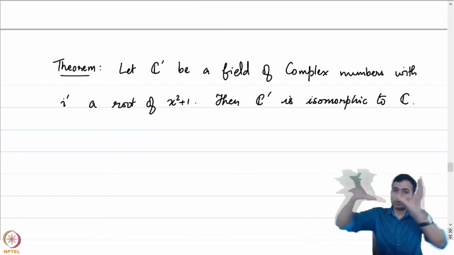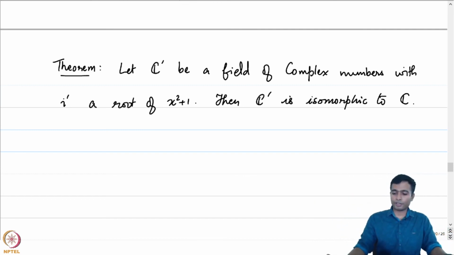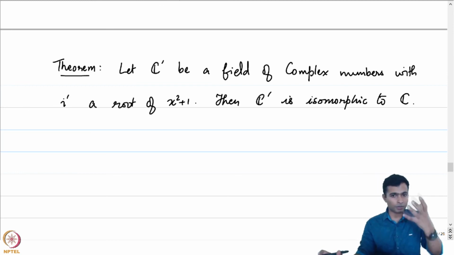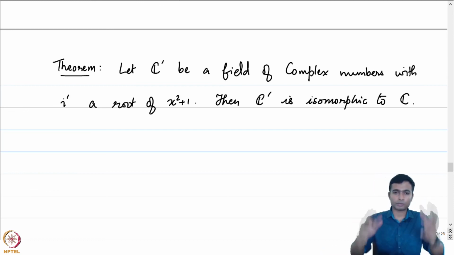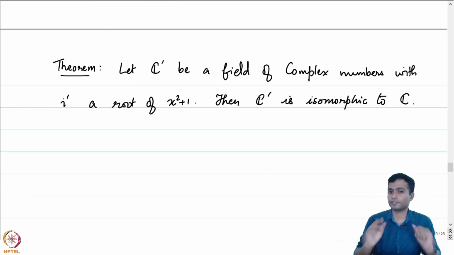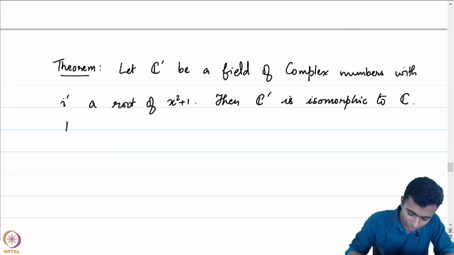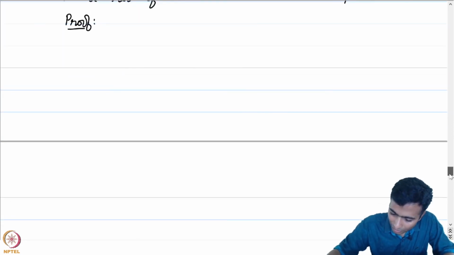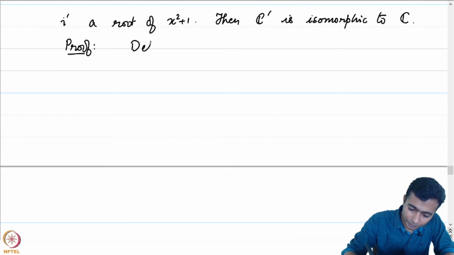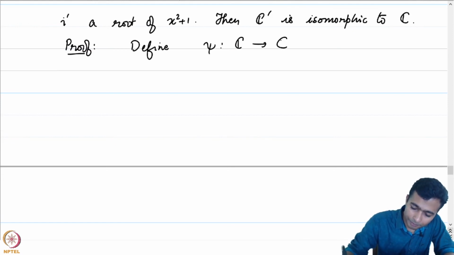So whichever field of complex numbers you choose to take doesn't matter. You will eventually end up with an algebraic object which is isomorphic to the field of complex numbers which we have just constructed. But that's quite straightforward. Let's just quickly look at the proof. So let's define a map psi from C to C prime.